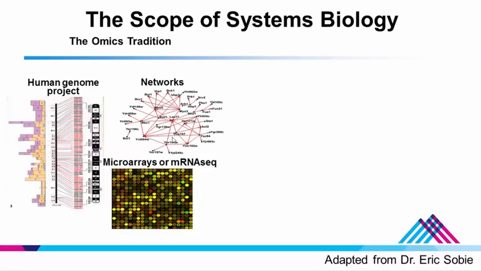At one end, we have the omics tradition that consists of genomic data, mRNA expression data, and protein-protein interaction data. All of this type of data can be analyzed using statistical-based or graph theory-based approaches.